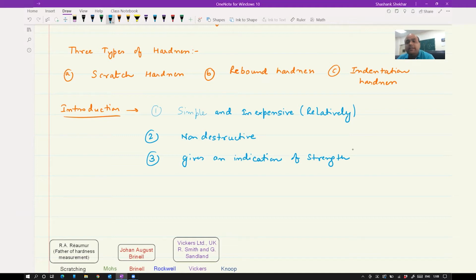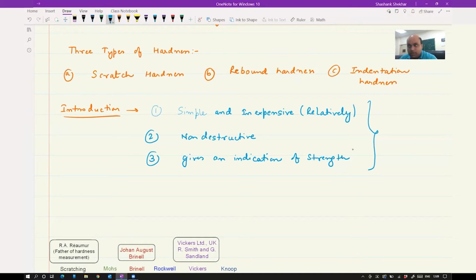It gives you an indication of the strength of the given material, although you cannot directly calculate the value of the strength. It gives you qualitatively what the strength could be in a relative sense, higher or lower. So these are the three points why researchers use hardness a lot to measure mechanical properties. Again remember, it's a surface property rather than a bulk property. Tensile test is your bulk measurement.